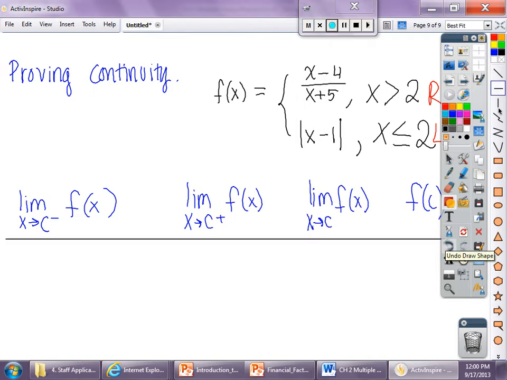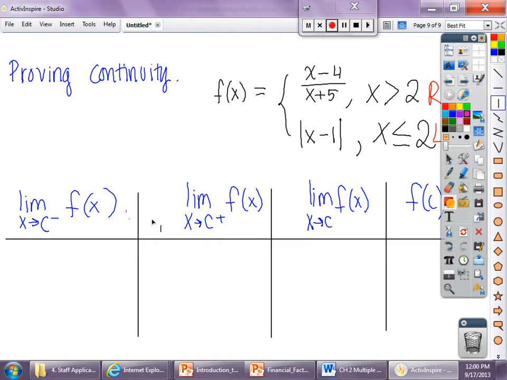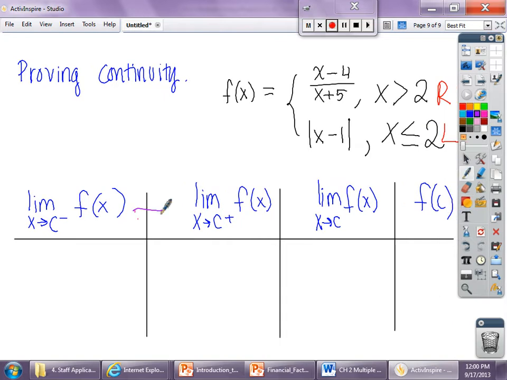You're physically checking 1, 2, 3, 4 things. Those are the 4 things you're checking. Every single one has to be the same.